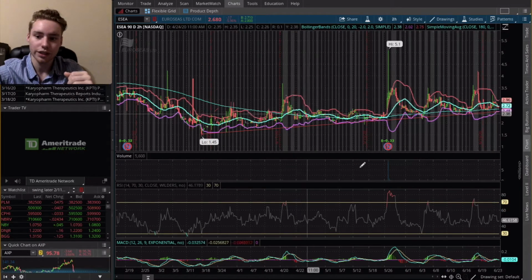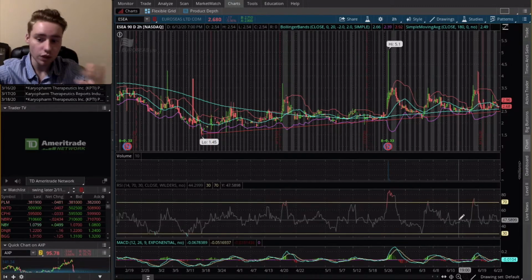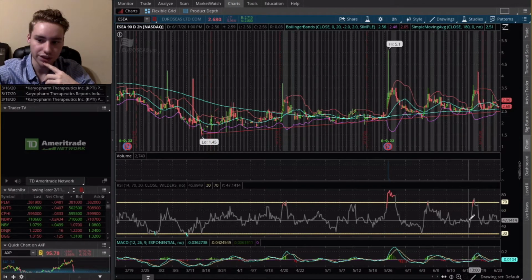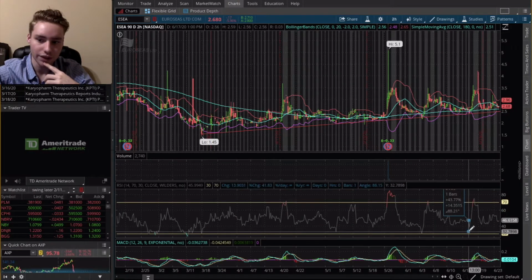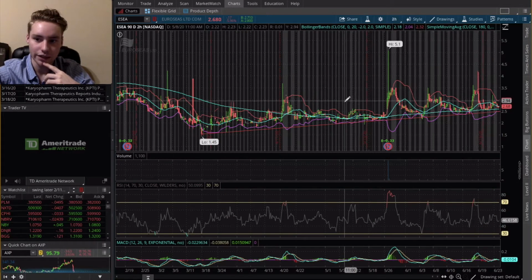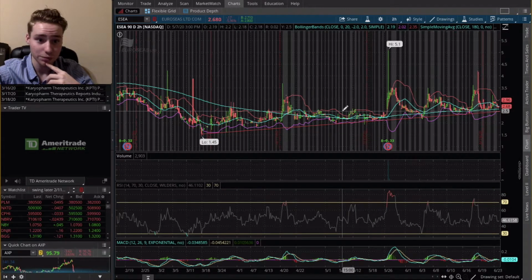So what you're going to look for here, with me at least, is a move of this 46 RSI all the way down to this 35-ish range before I buy in here. But we can see this is coming towards this support line.